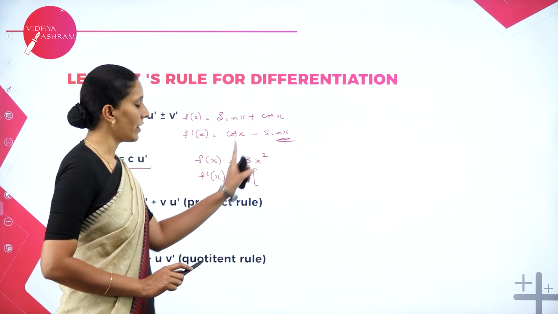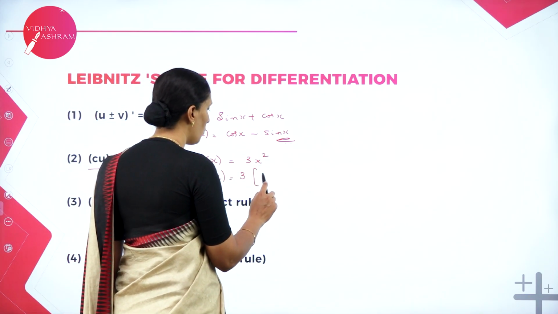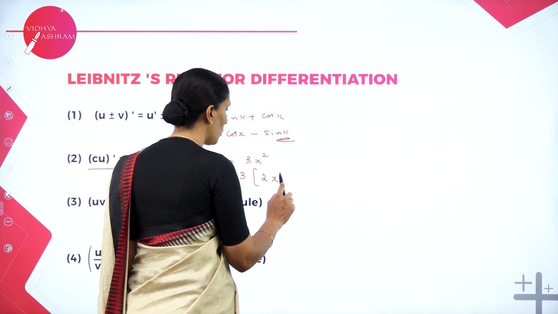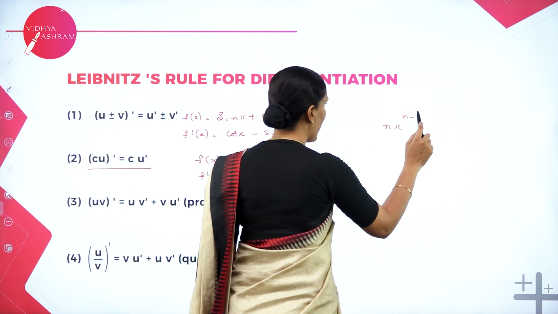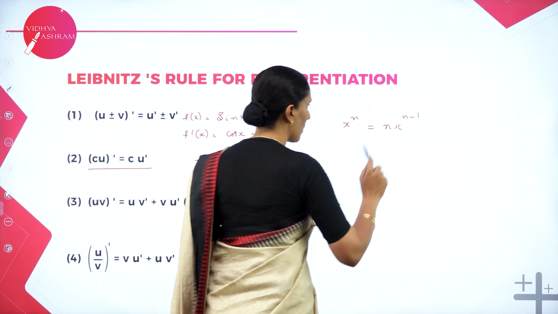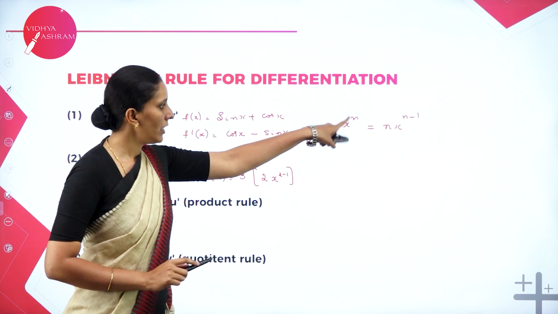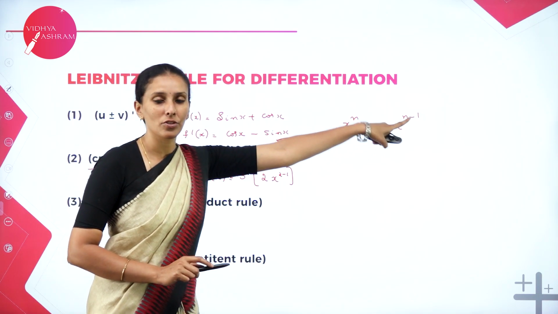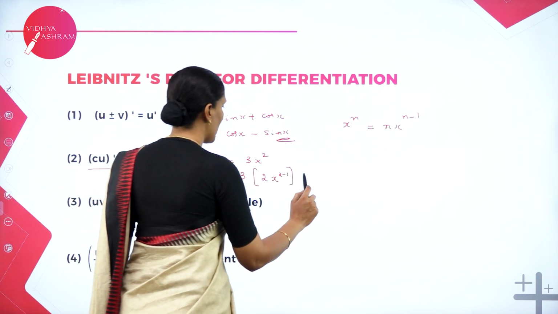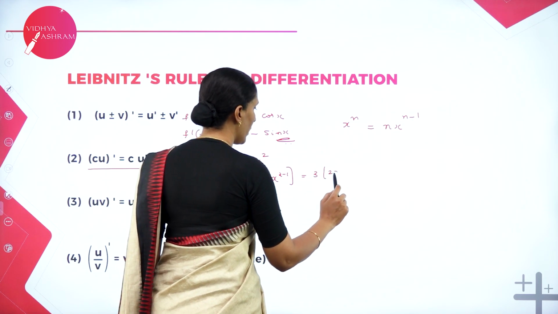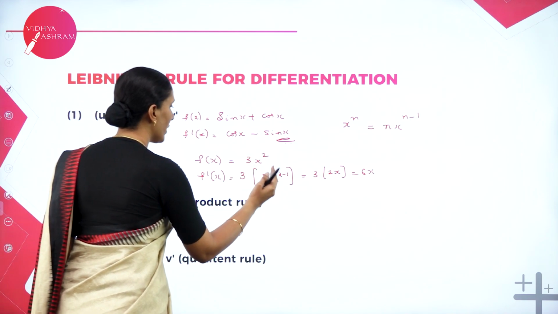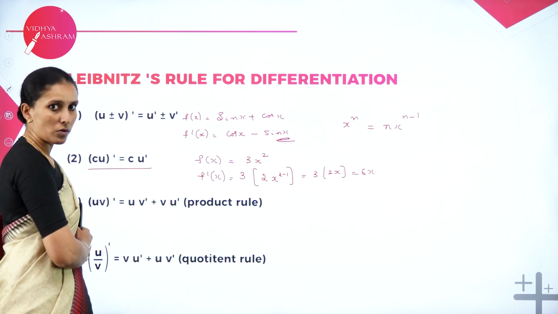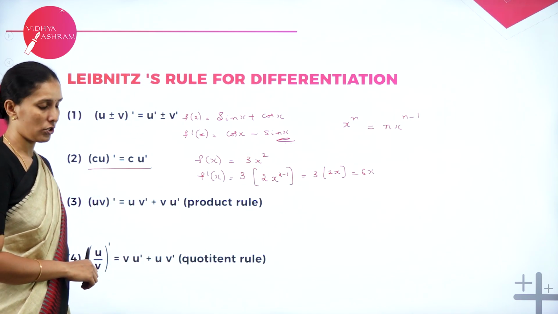Now, the derivative of x square is 2 into x to the power 2 minus 1, using the standard result: if your function is x power n, then its derivative is n into x to the power n minus 1. So this becomes 3 into 2x, which becomes 6x. So if you have a constant along with the function, keep the constant outside and derive only the function.